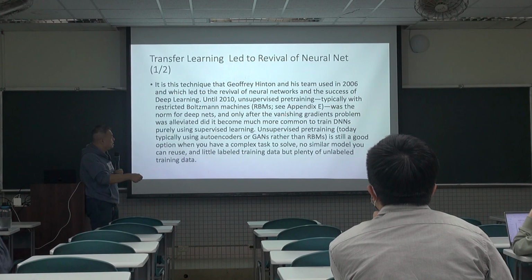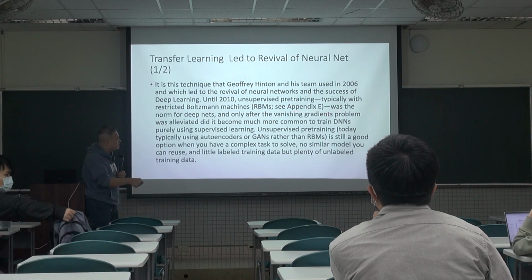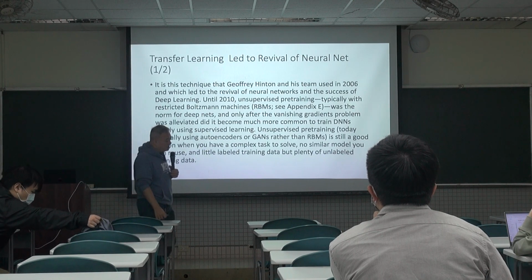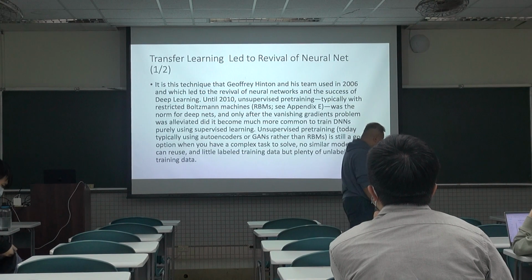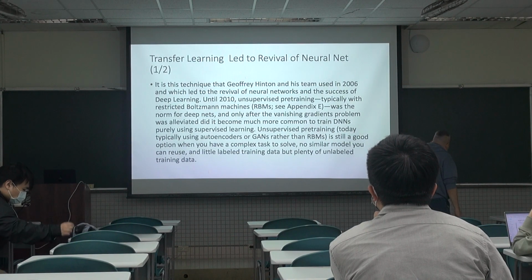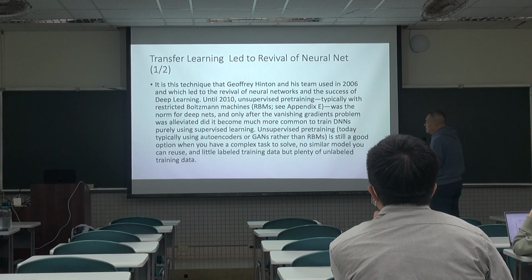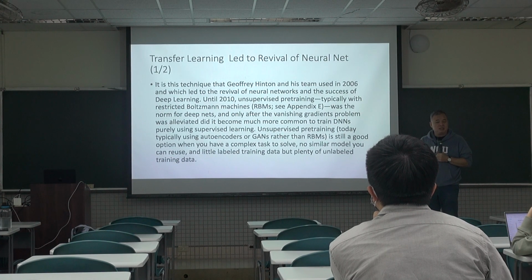If you are interested, you can check out Appendix E for the details of this model. The reason we don't talk about it is that this model is pretty much obsolete. Nowadays, nobody uses restricted Boltzmann machines. If you see a paper that uses one, most likely that paper is over 10 years old.